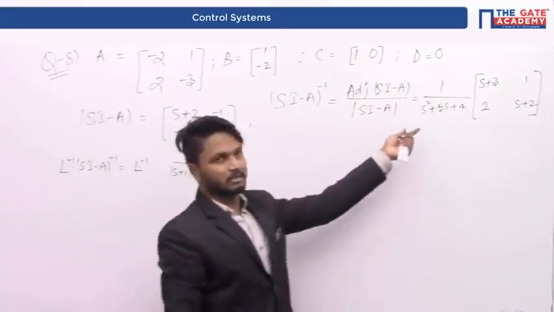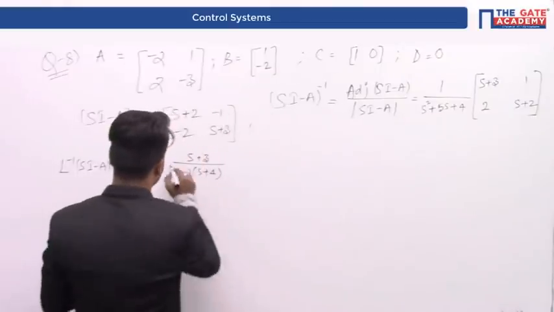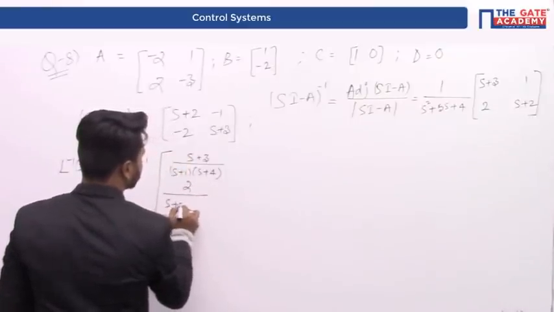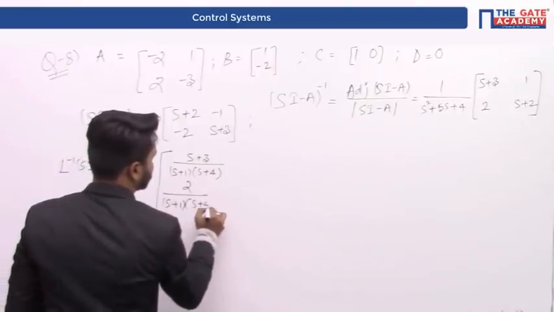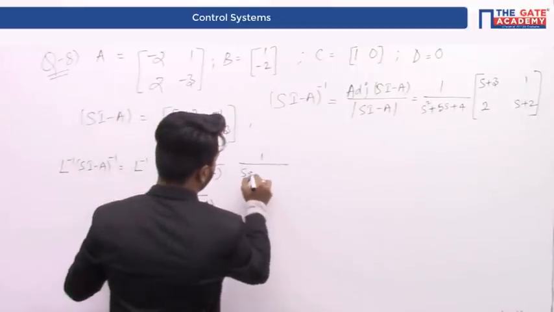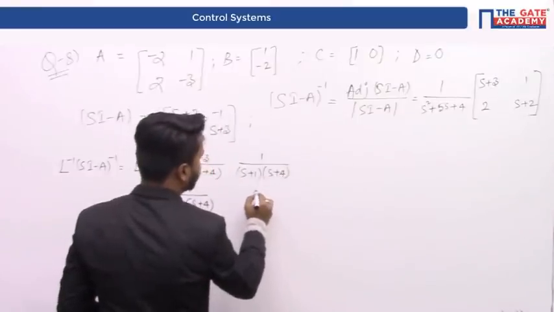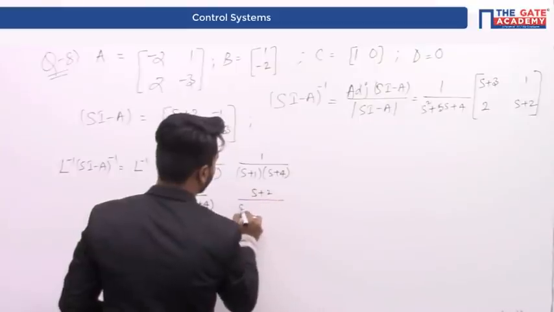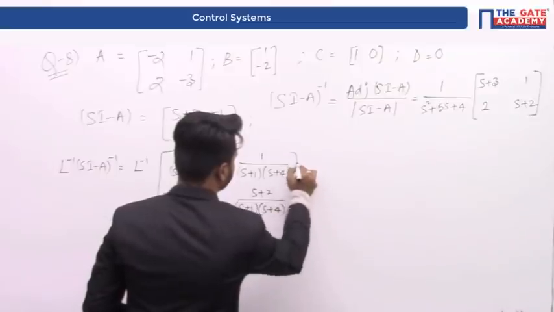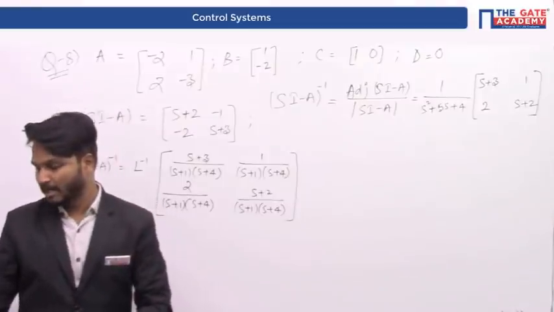If we factorize this equation, the factors are 1 as well as 4. Next, 2 divided by (s plus 1)(s plus 4), then 1 divided by (s plus 1)(s plus 4), and the other is (s plus 2) divided by (s plus 1)(s plus 4). So we need to find the Laplace inverse of this particular matrix.